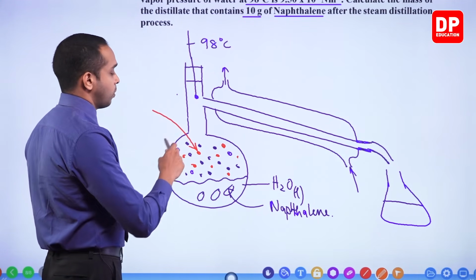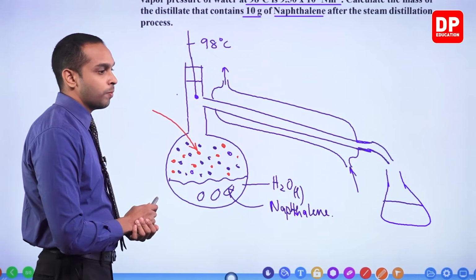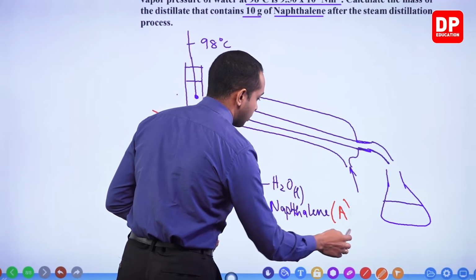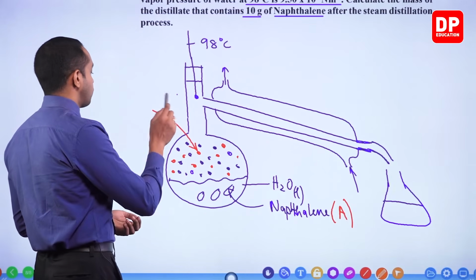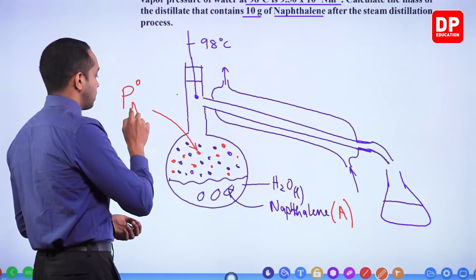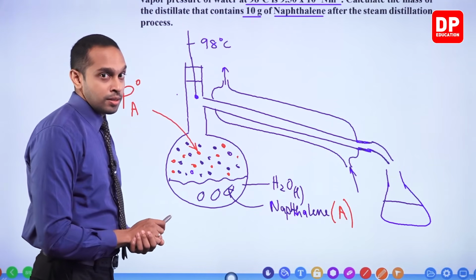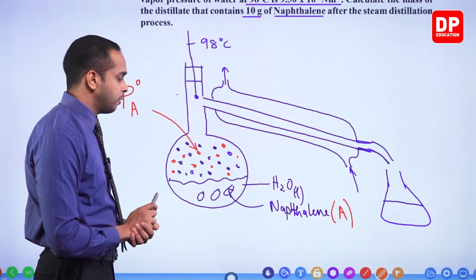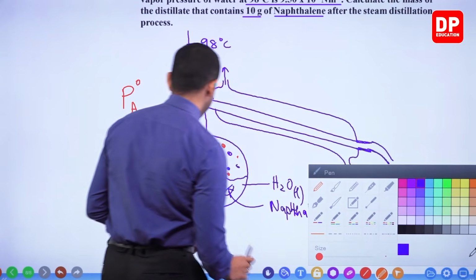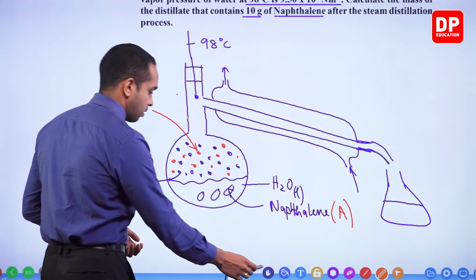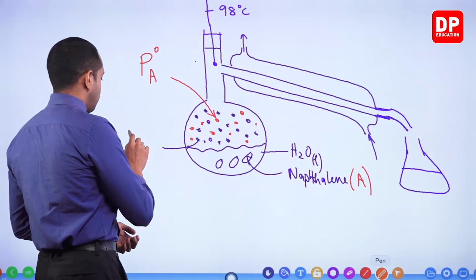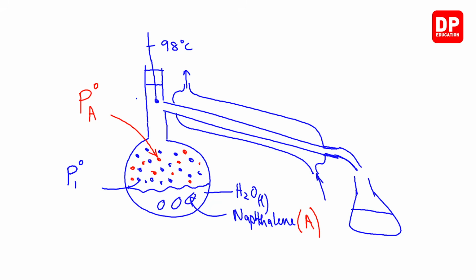So in this case also, just to keep things simple, instead of naphthalene, the whole word, we'll call it A. It will be easier for us to refer to. So basically this has partial pressure generated through the saturated vapor pressure of naphthalene here. Apart from naphthalene vapor, we have water vapor. We have water vapor here. P naught H2O.